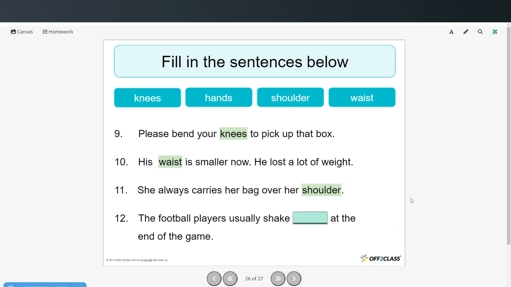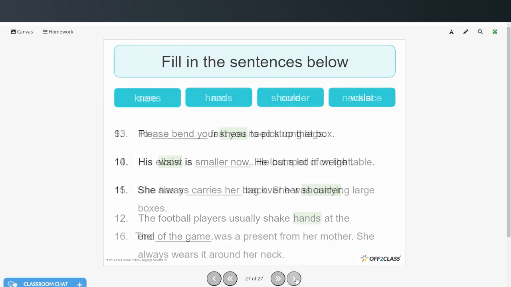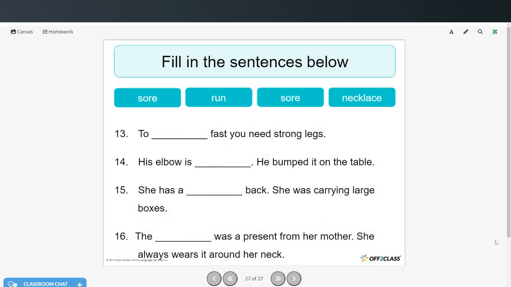And the football players usually shake hands at the end of the game. And to run fast, you need strong legs.